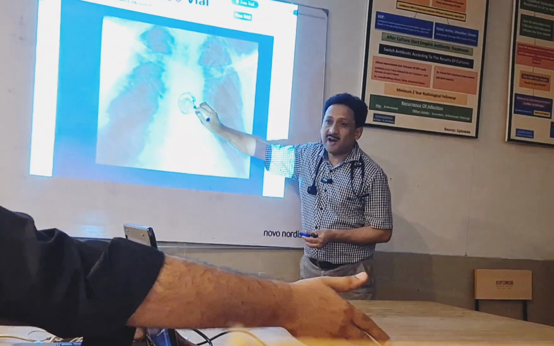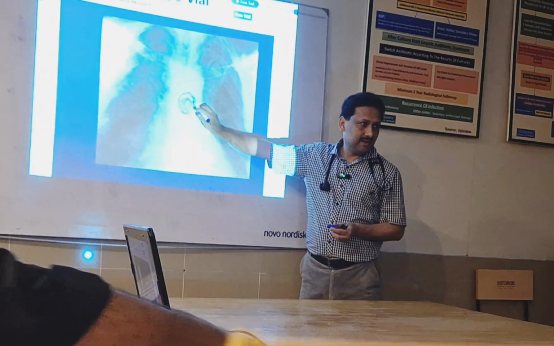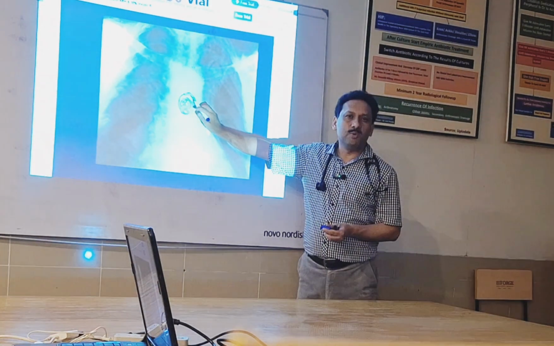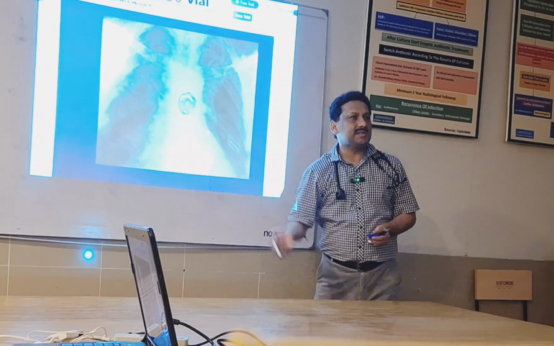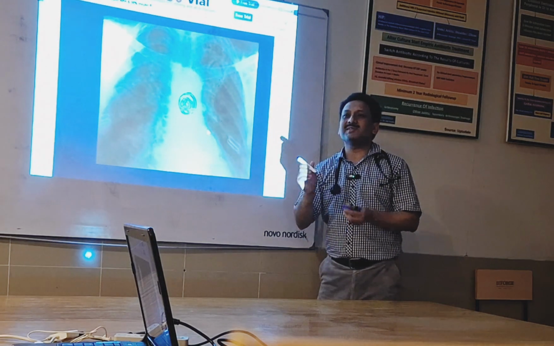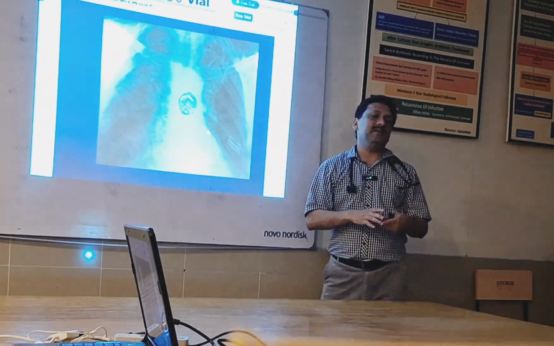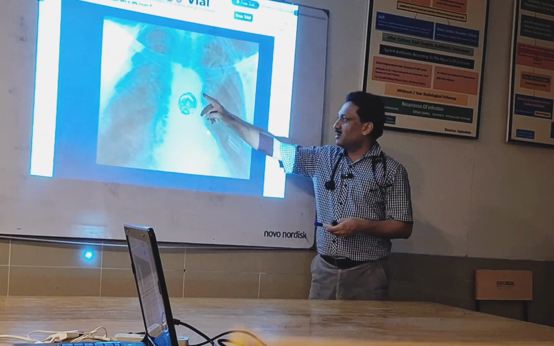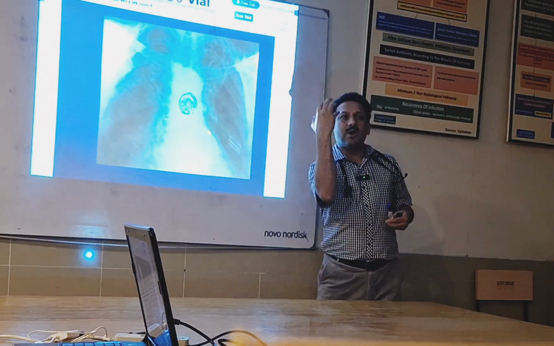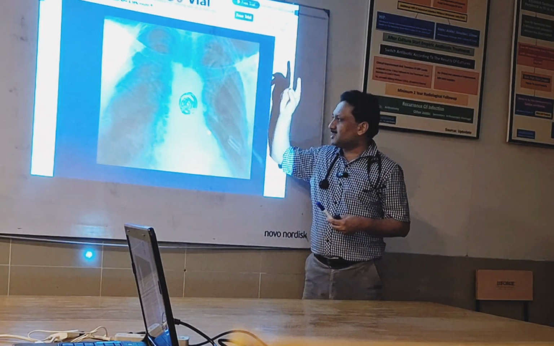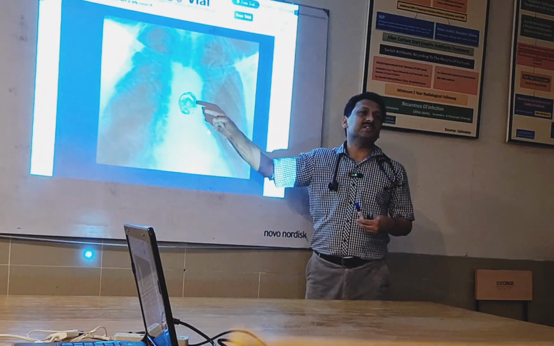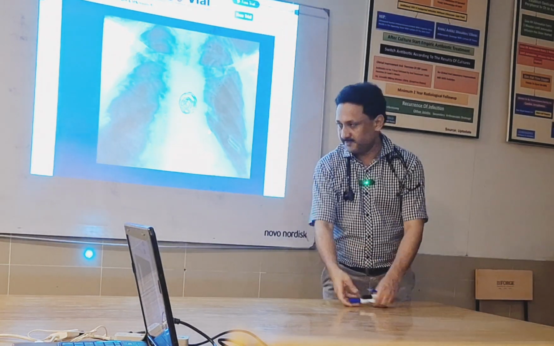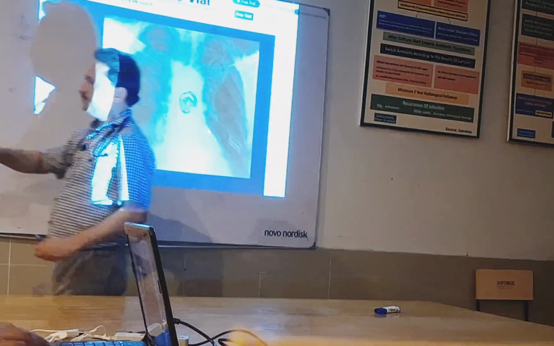That is a kind of half moon shadow. So can you see it? This is a half moon shadow, a crescent sign. So if you ever see a crescent sign or a halo in a cavity, this is a classical picture of aspergilloma. So remember this thing. Move ahead.